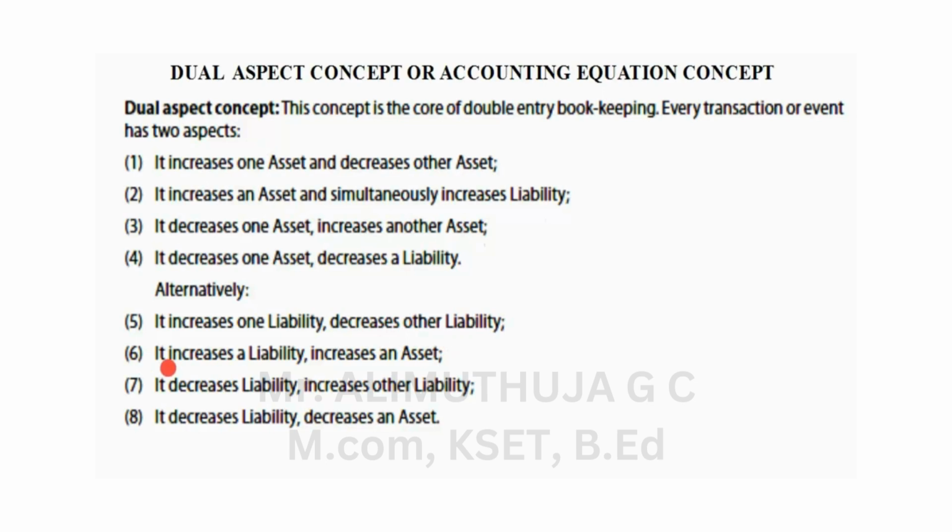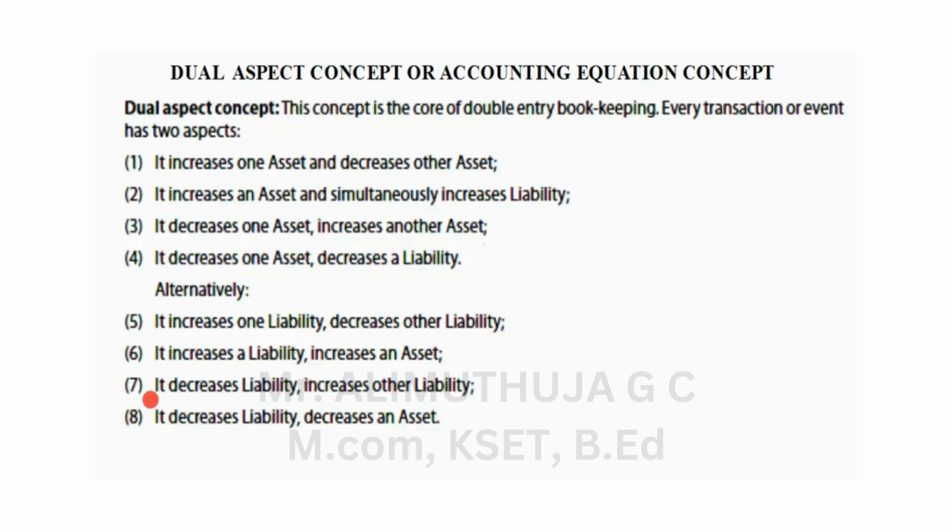Point 6: it increases a liability, increases an asset, which means an increase in one liability, and a corresponding and equal amount of increase in asset. Point 7: decreases a liability, increases another liability, which means a decrease in a liability, and a corresponding and equal amount of increase in another liability.